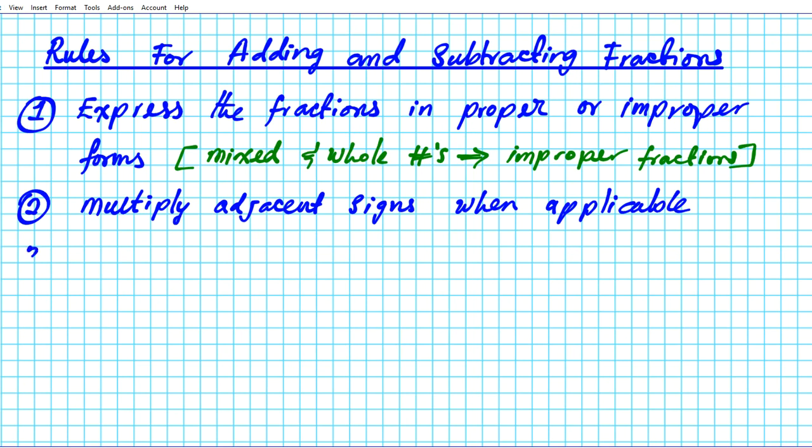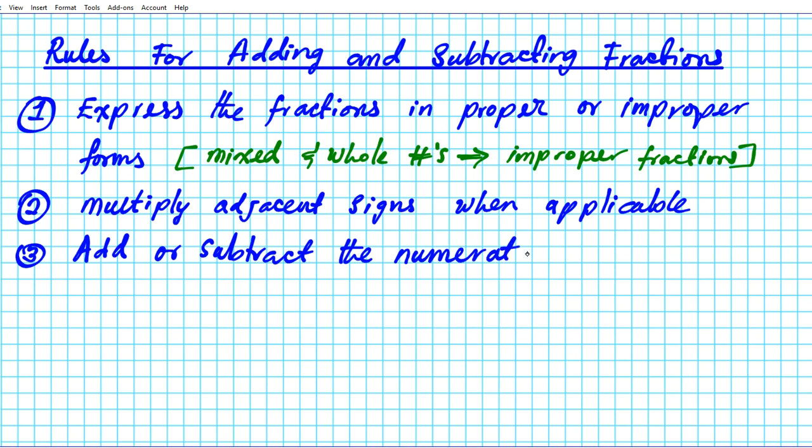Alright, so now you're ready to add. So now you just proceed to add or subtract the numerators. The reason why you can do this is because the denominators are already alike.